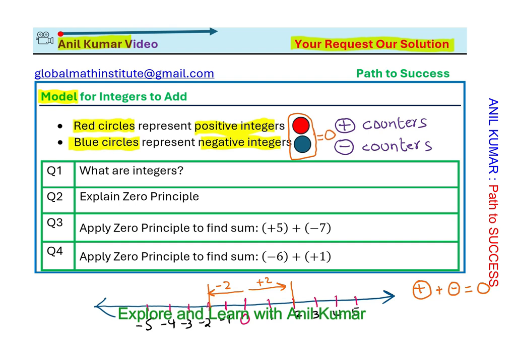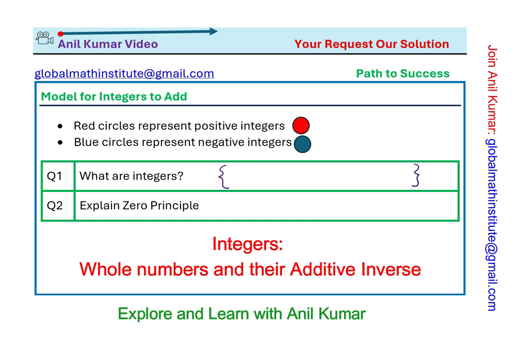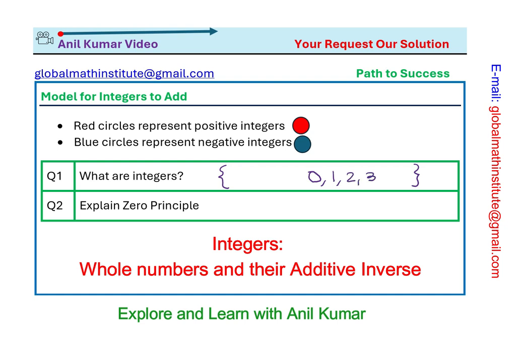So let's move forward and have a look at these questions in greater detail. We have learned what integers are, and integers basically are numbers which are written within these curly brackets. When I put these brackets, it means a set of numbers, a group of numbers. Integers are an infinite set of numbers, with 0 in between and counting numbers, the natural numbers, on the right-hand side.